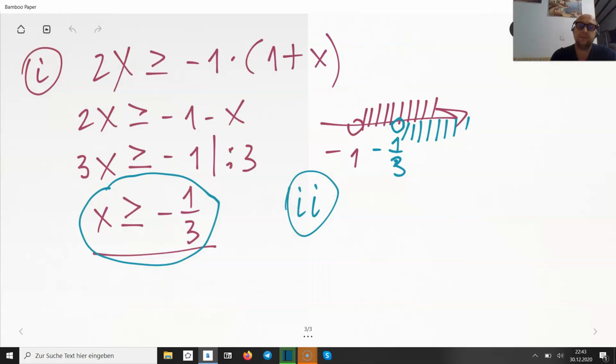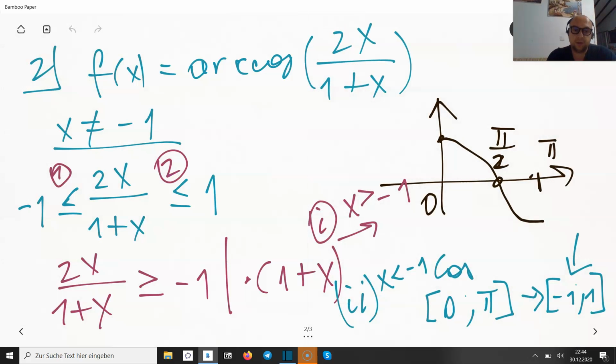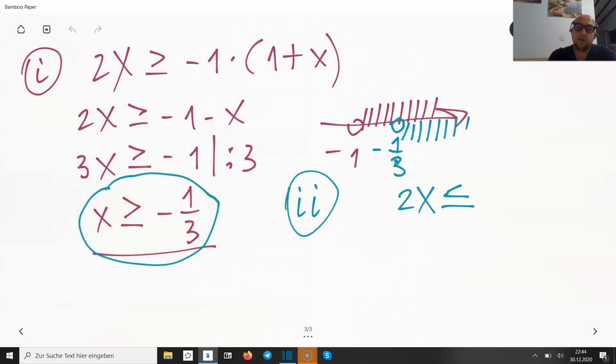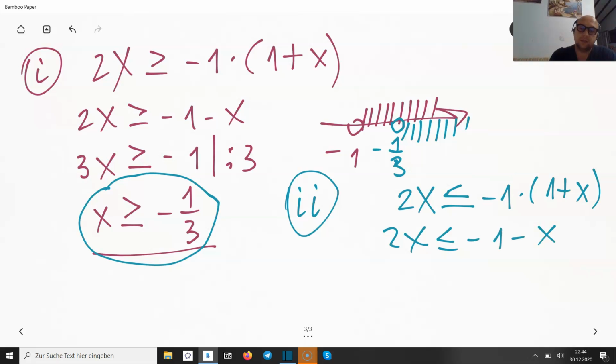That means we got 2x less or equal, it was bigger or equal, than now minus 1 times 1 plus x. So basically the same, but we are changing the direction of the inequality, and now we're having 2x less or equal than minus 1 minus x. We're having 3x less or equal than minus 1, which means x is less or equal than minus a third.